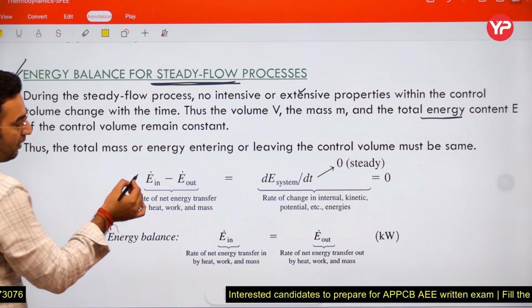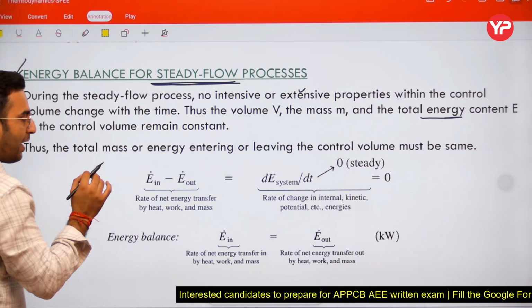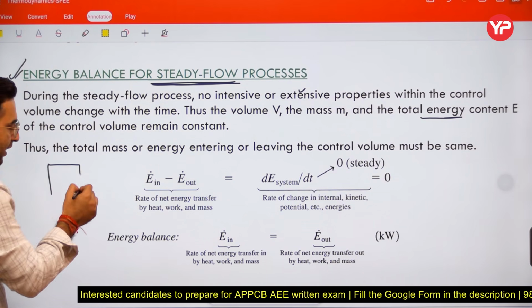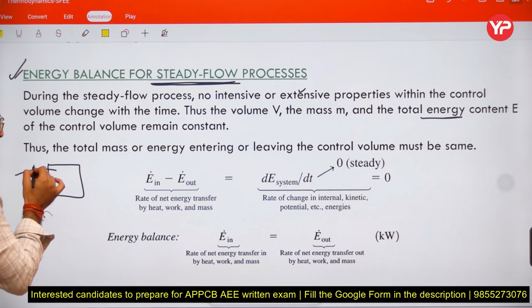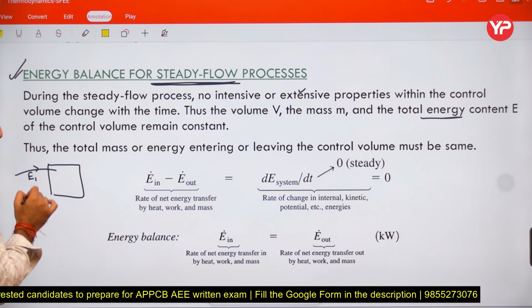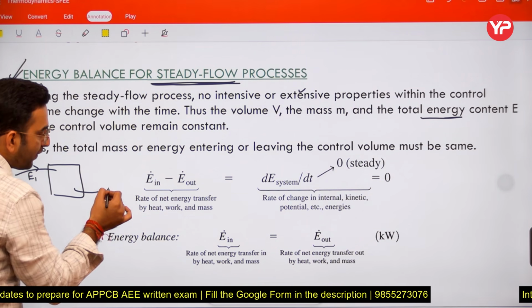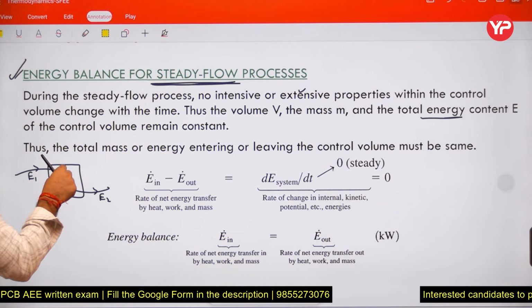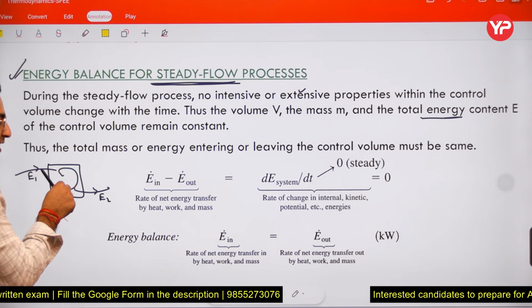So according to the first law of thermodynamics, which deals with the conservation of energy, let us suppose you have a container, and fluid is entering with some energy, let us say E1, and it is leaving with some energy E2. Now you want the energy inside the system not to change at all.